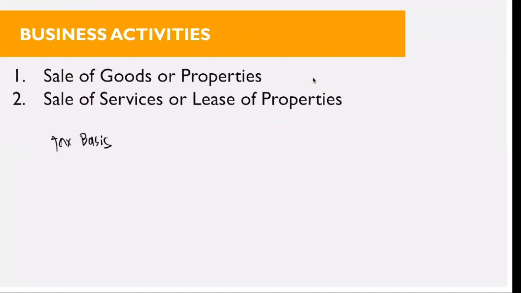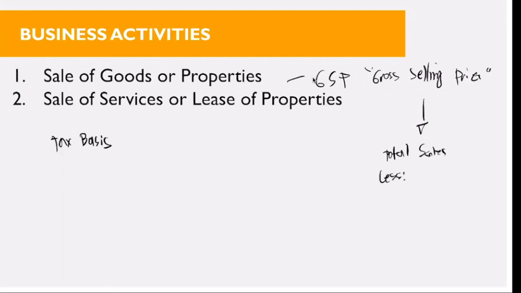So what are the tax basis of our business activities? For sale of goods or properties, our tax basis is known as your gross selling price. Gross selling price. And what is your gross selling price? The gross selling price is equal to your total sales less returns, allowances, and discounts.